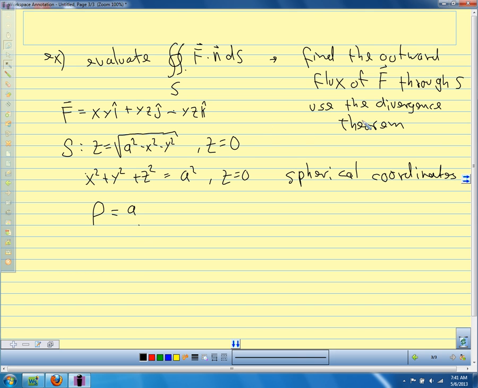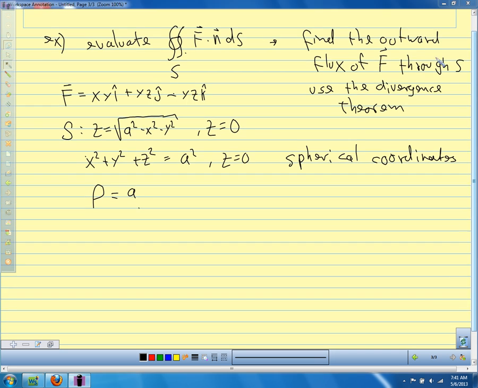So we are going to use the divergence theorem. We just need to take the triple integral of the divergence of F over our region. So let's find the divergence of F. Divergence is del dot F. The divergence of F is going to be nice and easy: y plus z minus y, which is just z.